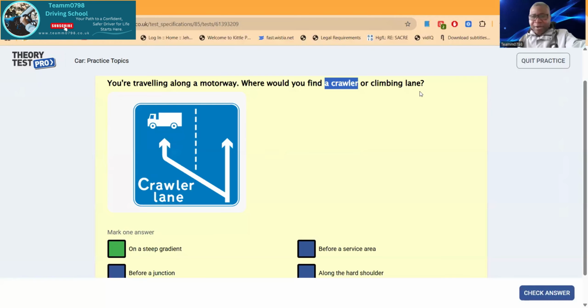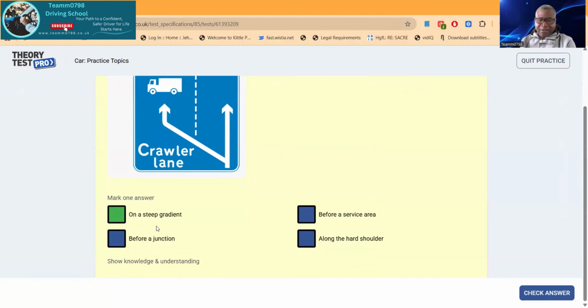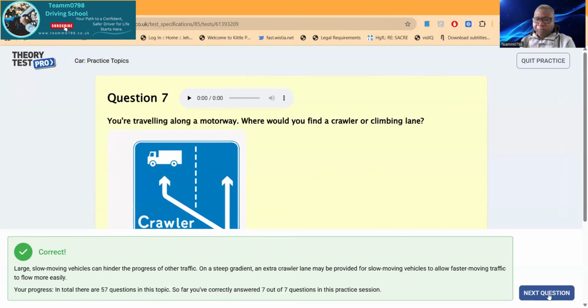So, as you can tell from the name of the lane, crawler or climbing lane, the correct answer would be on a steep gradient. Okay.